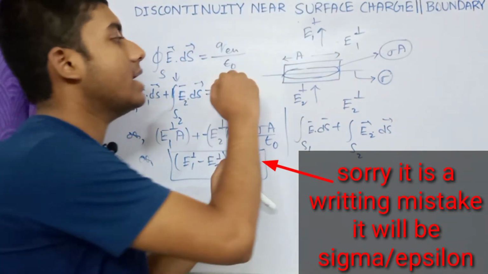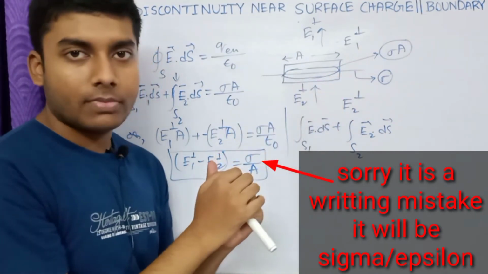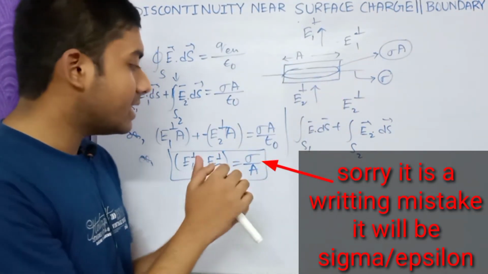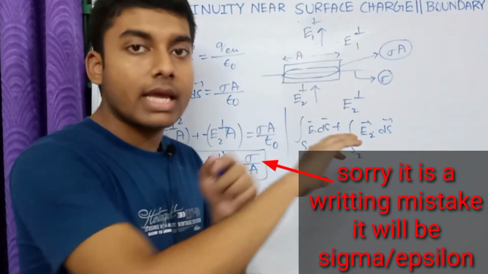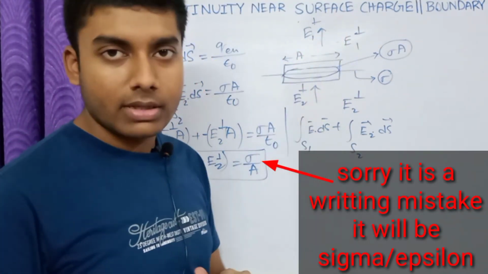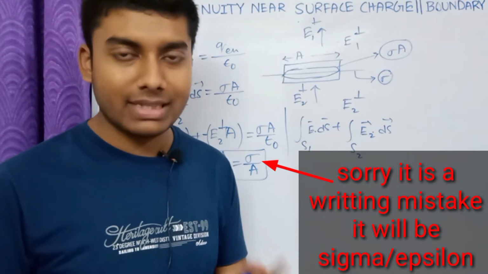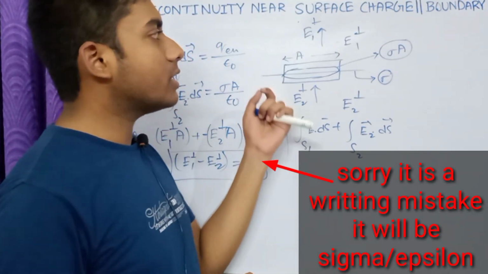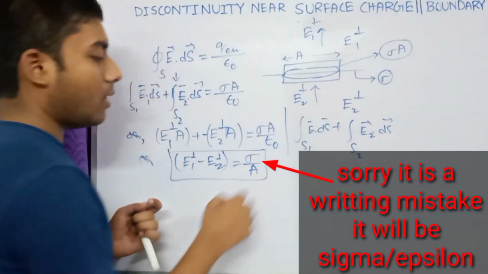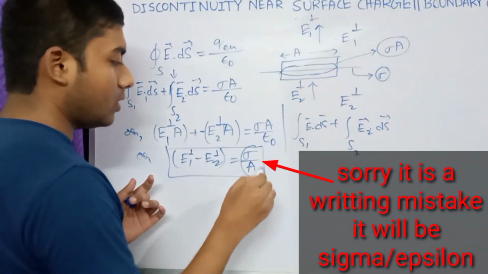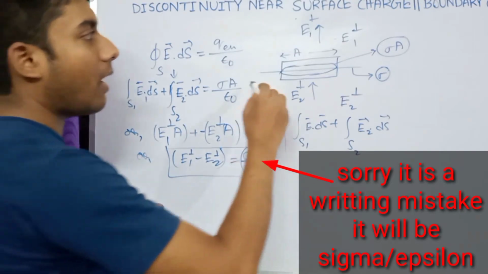That means at the boundary of the surface charge there is a discontinuity between the upper surface and the lower surface in the electric field, the perpendicular component. That means the perpendicular component of the electric field differs by this amount, sigma over epsilon naught, across the boundary of a surface charge.